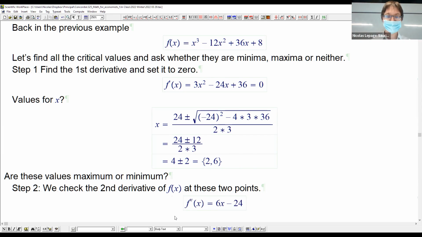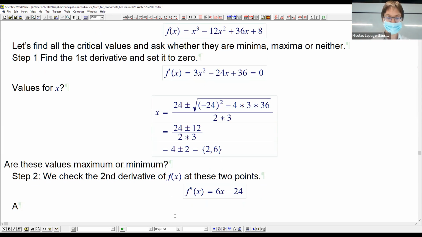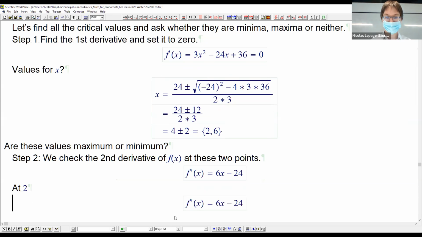And then, let's evaluate it at 2. I get second derivative of 2, 6 times 2 minus 24. So that's equal to 12 minus 24, so minus 12.